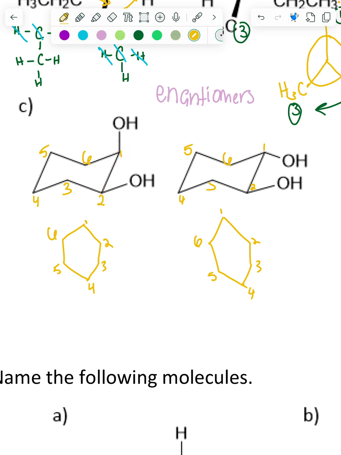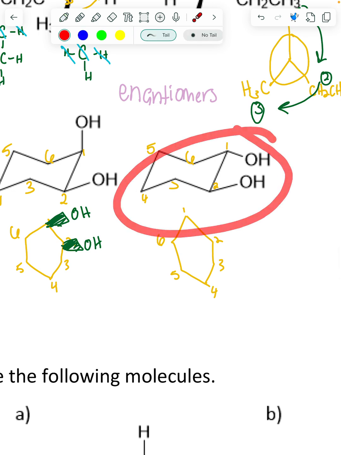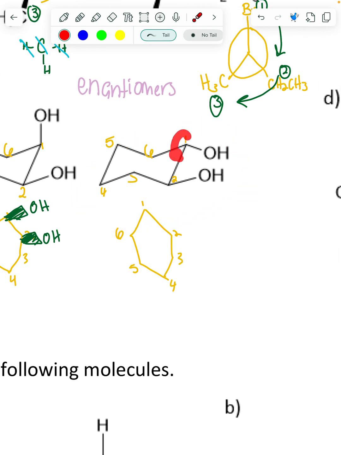Now looking at this right here, on the first carbon we have a bond pointing down, which means that it's a dashed bond, and on the second carbon it's pointing up, which means it's a wedge bond.